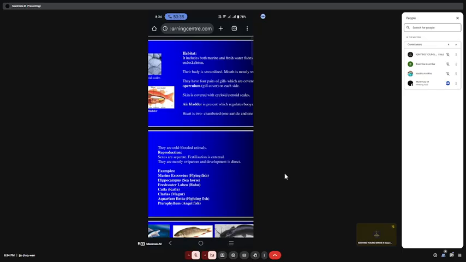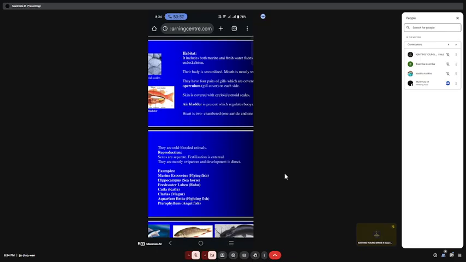In chondrichthyes it is viviparous, but here it is oviparous. And the development is direct in both; fertilization is internal in one and external in the other.